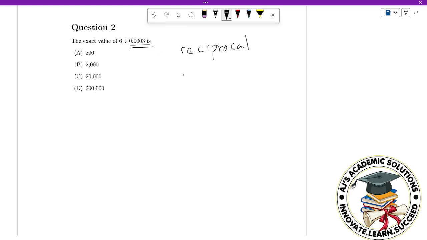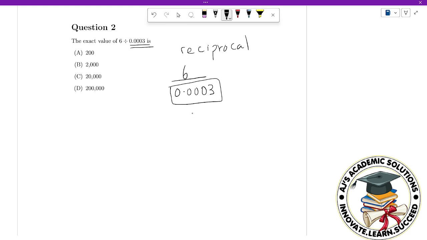So what you would generally do, you would just say that you have 6 divided by 0.0003. That would be your normal approach. But making this the reciprocal, which is here in our divisor, we're actually going to do a conversion.